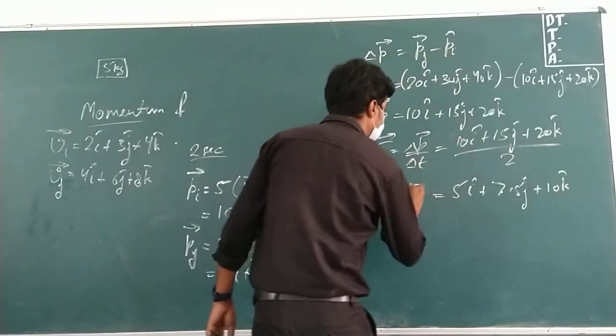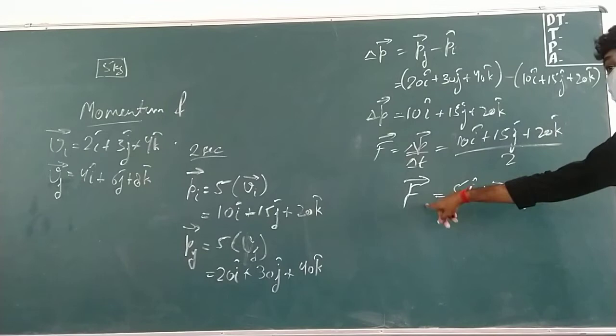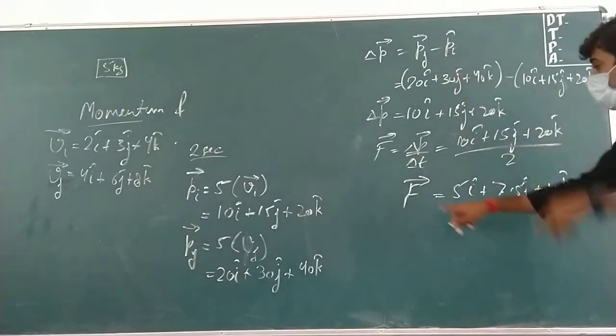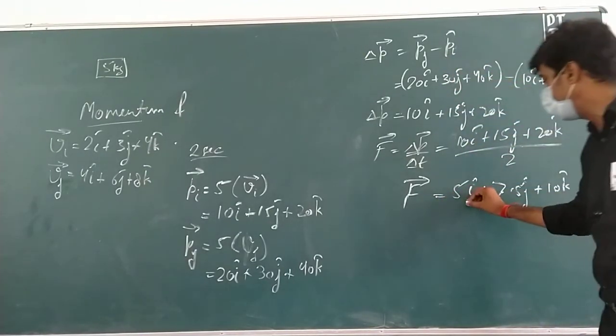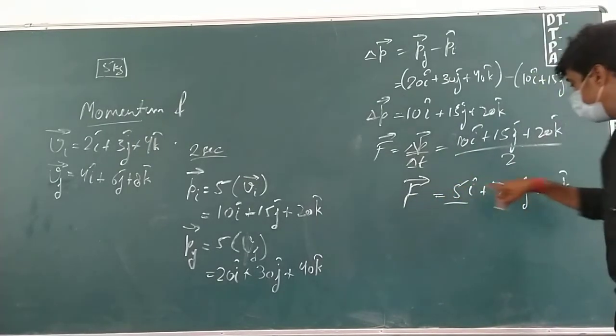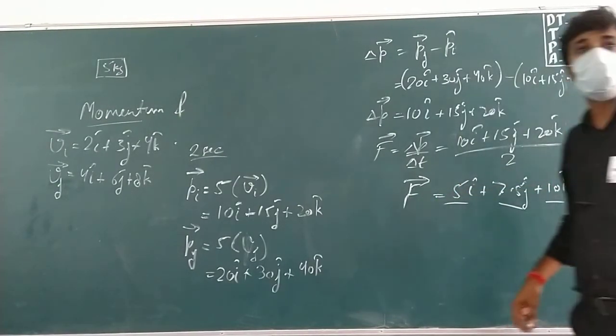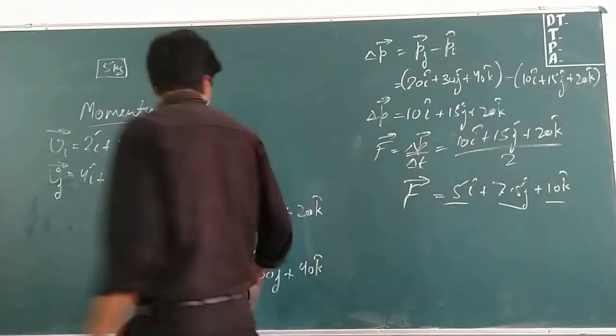This is vector F, the force. The value of force in x direction is 5 Newton, in y direction 7.5 Newton, and in z direction 10 Newton. Yes or no?